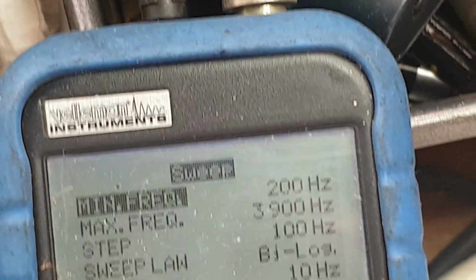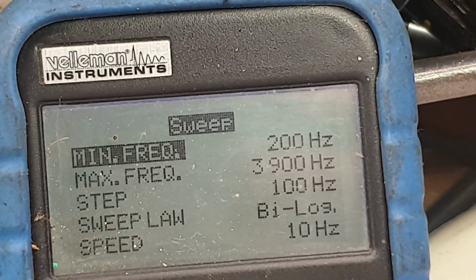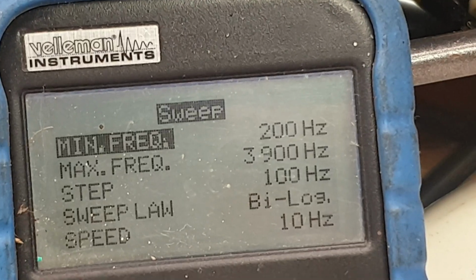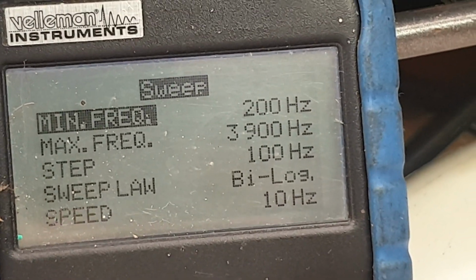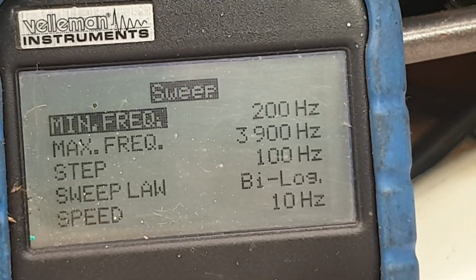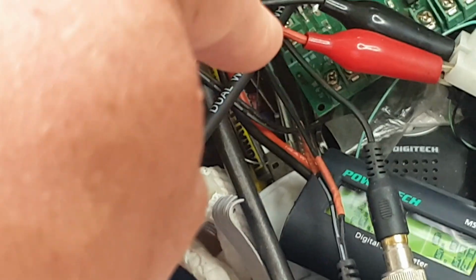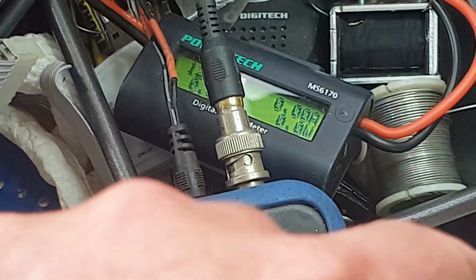So if you think about it, every 10 times in 1 second, the frequency goes from 200 Hertz to 3.9 K and back again. What that would look like on an oscilloscope would be a smooth line with wider pulses in the middle, and then getting finer gradient out to the edges.